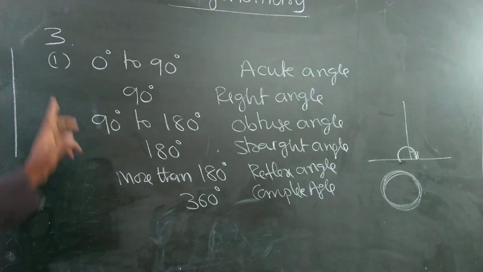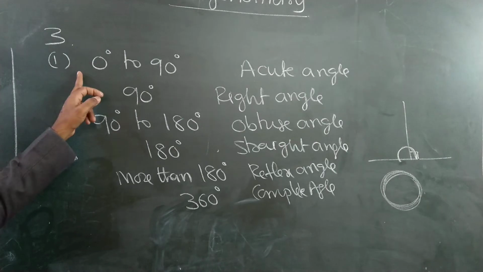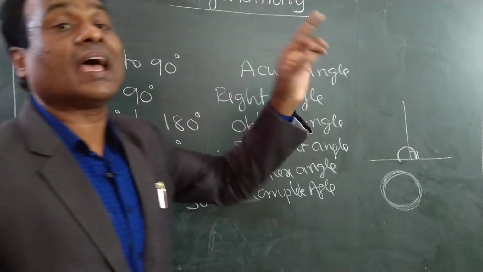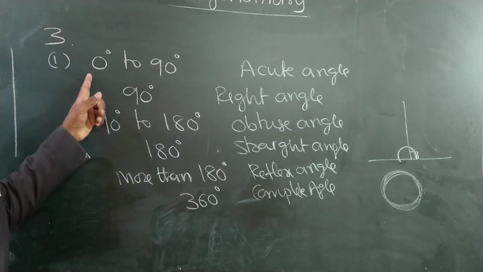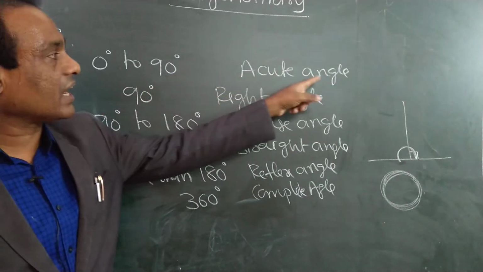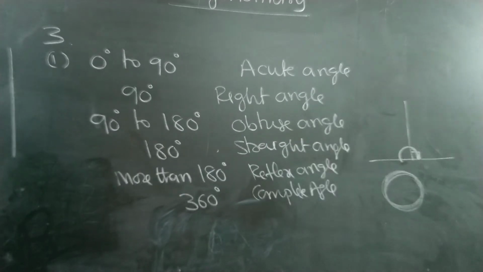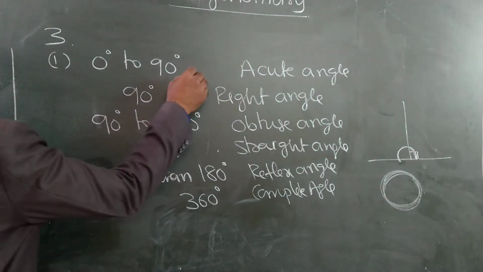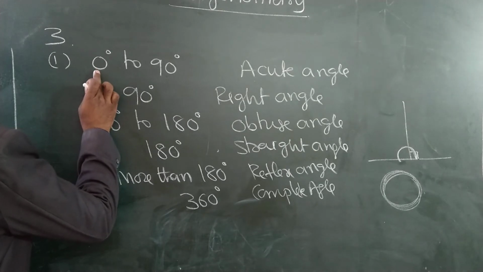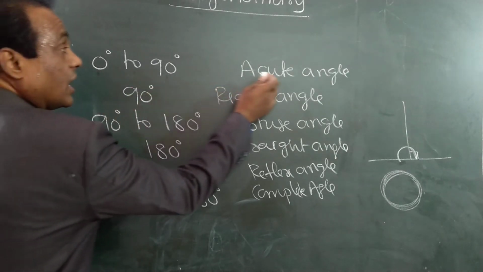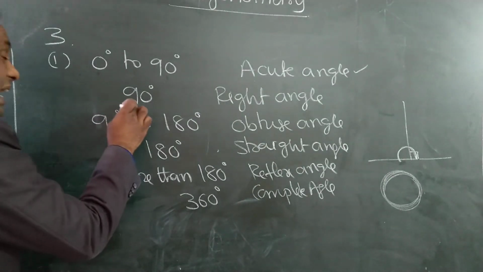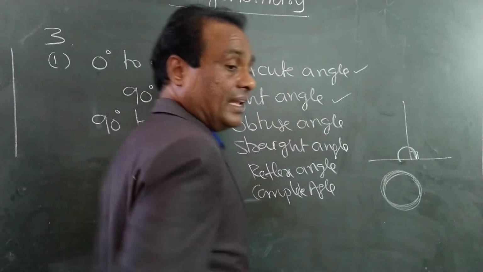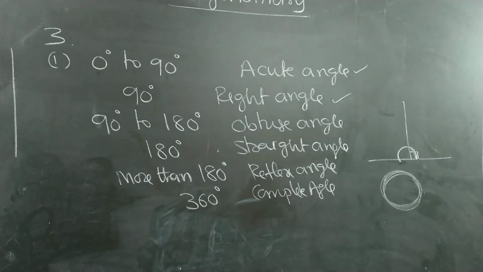Write down the third point. Angle between 0 degrees to 90 degrees is called acute angle. 90 degrees is called right angle.